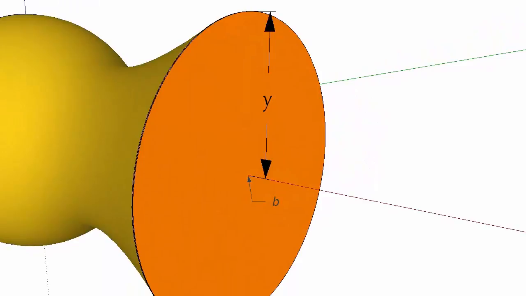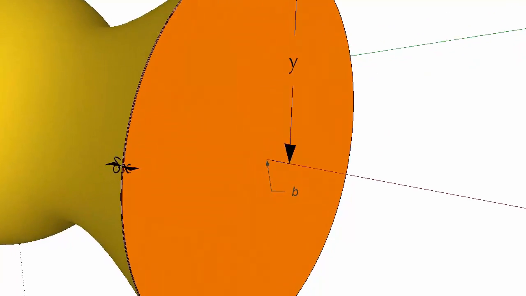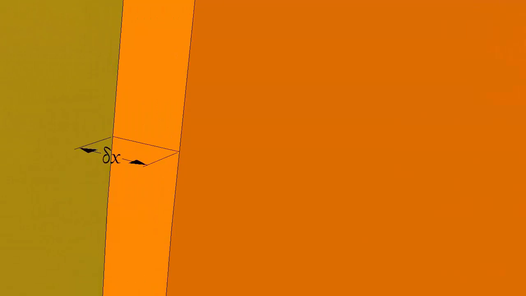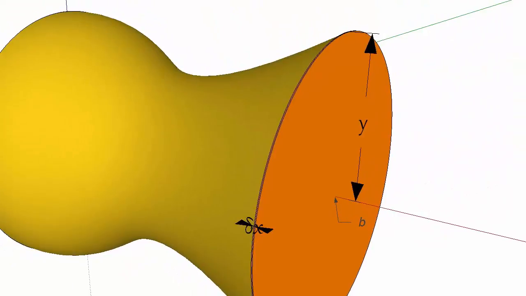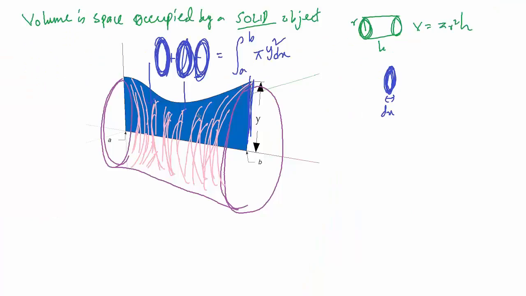One slice is like a disc, a small cylinder, and we find pi y squared dx. That gives the volume of the cylindrical shape over here. So the volume is the integral of pi y squared dx, and it is always a solid, which we call a solid of revolution.